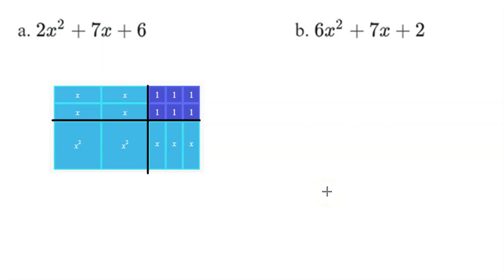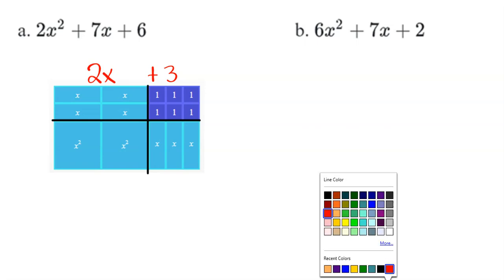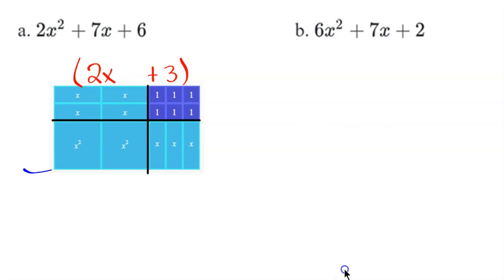What's going around the outside is, we can pretty clearly see that on one side we have 2 x's. So that is 2x long. This is 3 wide. So this is 3. Okay, and this is one factor. In order to get the x squared, we know this one over here is 1x high, and then plus 2.